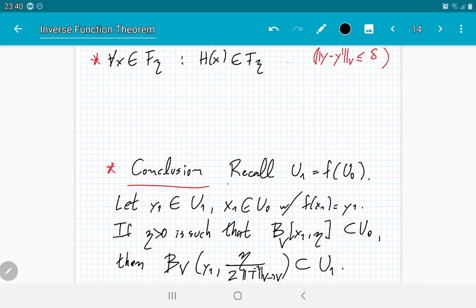So, okay, how do I do this? Here's how I do it. I look at h of x minus h of x1. Remember that f of eta is just the ball of radius eta around x1.